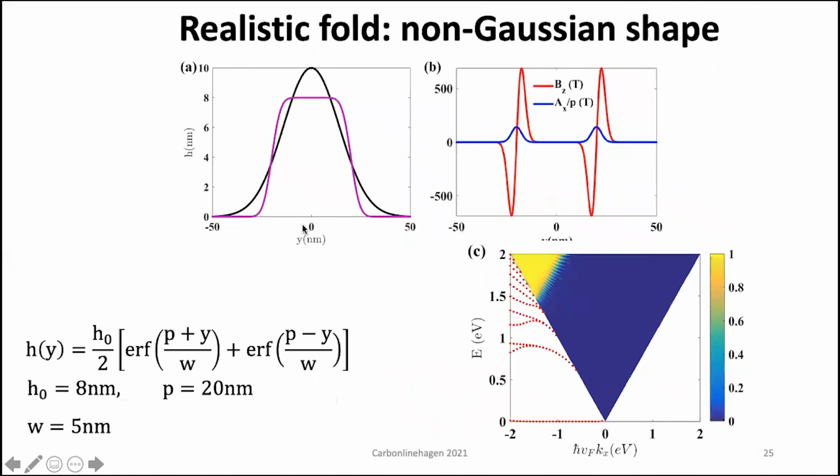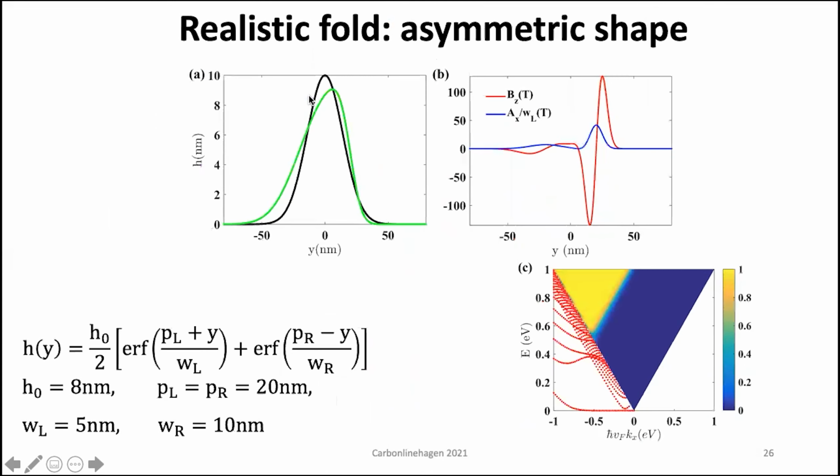These results hold if the fold has a shape that is not Gaussian, but respects the reflection symmetry with respect to the center, and also hold for shapes that are asymmetric, of course, with the corresponding variations in the dispersion of the states, and the energies in which you can find the states.